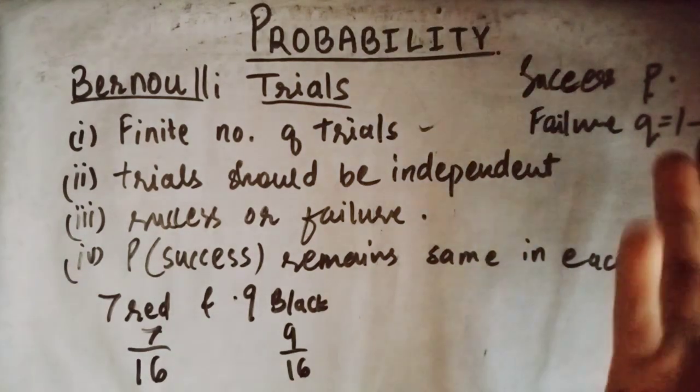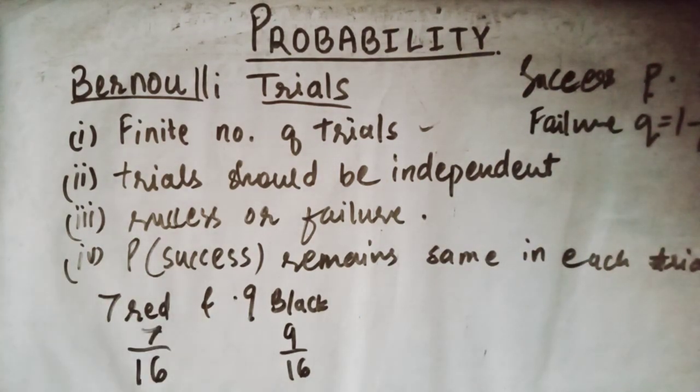Suppose it is given that success is getting a red ball, then our success probability will be 7 by 16 and failure probability will be 9 by 16. Or if it is given that black balls are drawn, then our probability of getting a success will be 9 by 16.